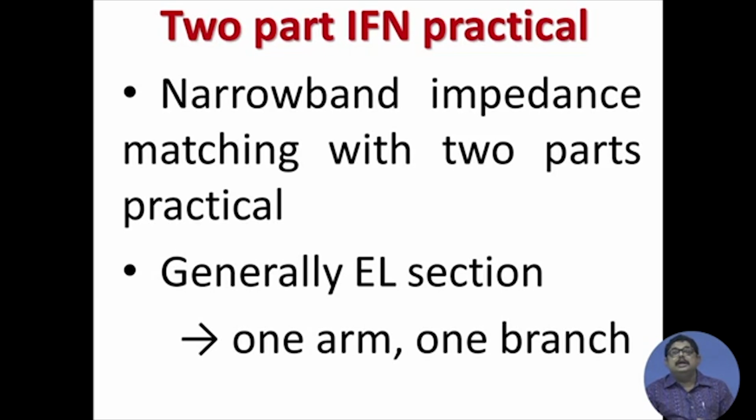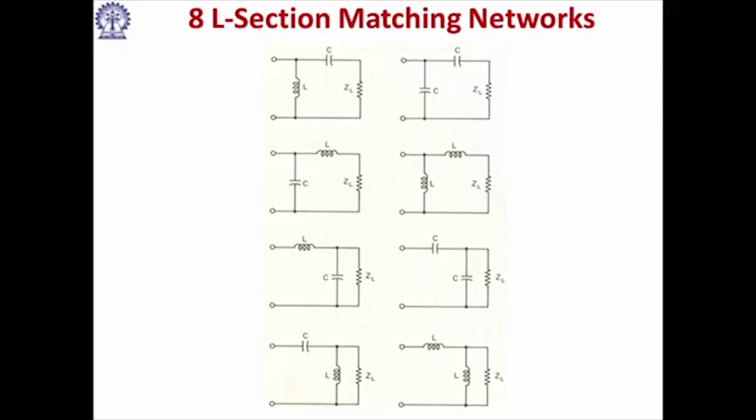Generally that is called an L section, sometimes pronounced 'EL'. Basically, in an L section you have one arm and one branch, that means one series element and one parallel element. There are 8 such possibilities of L section. You see that the right side is the load.